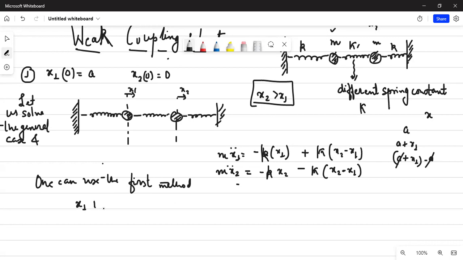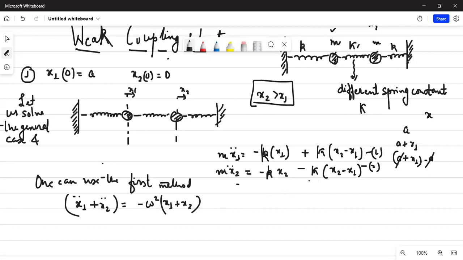So I'll write the sum of both equation 1 and 2. It will be minus omega square (x1 plus x2). I'll have to use some different symbol for this.